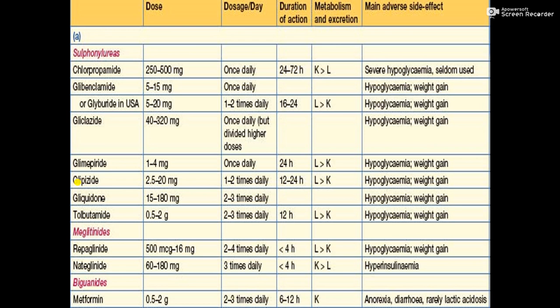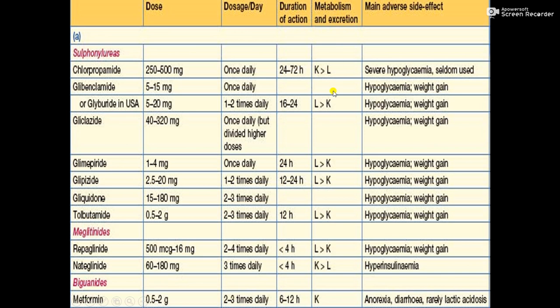Glimepiride can be given once daily, its duration of action is 24 hours, and L and K show the relationship between metabolism and excretion.